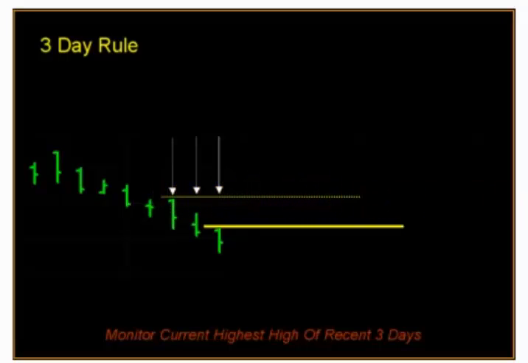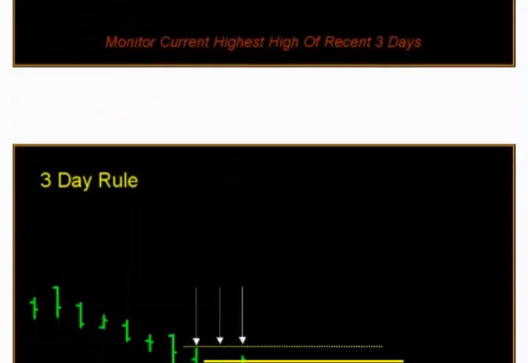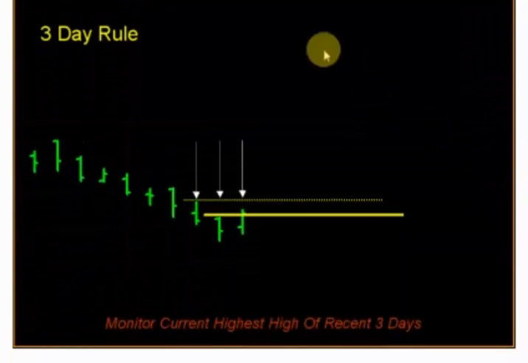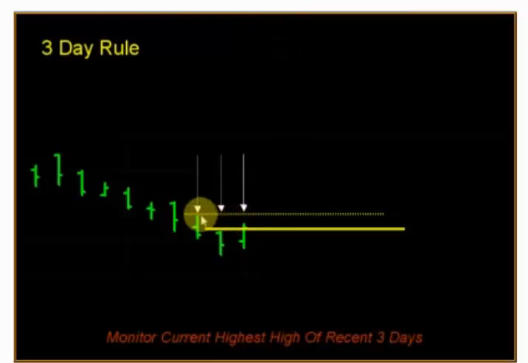That is kind of our line in the sand. As each day progresses, we shift that. Okay, so here we got a new 3-day. Now this is where we originally would have got in, but we're going to count back 3 days, and there's our high of the 3-day range.